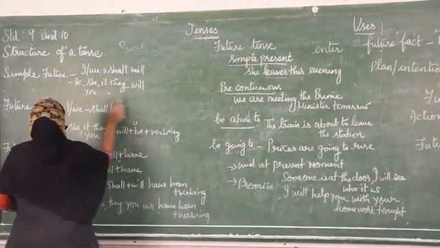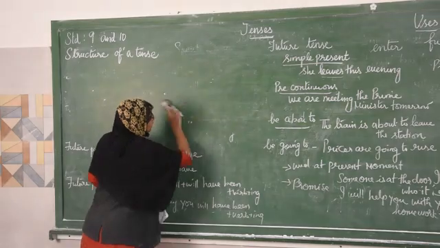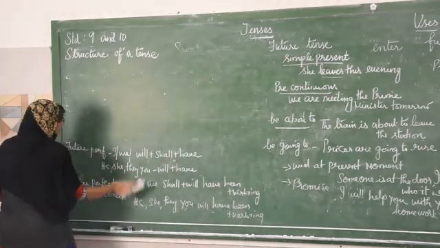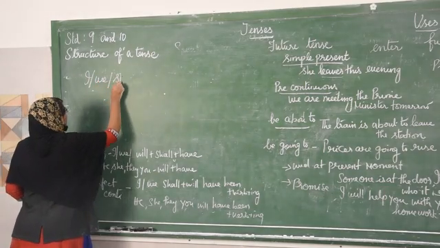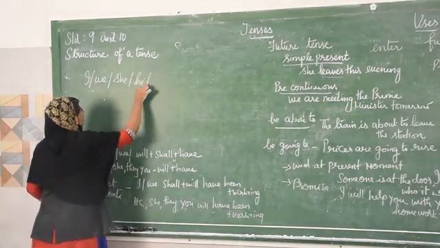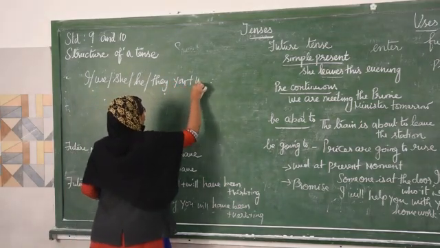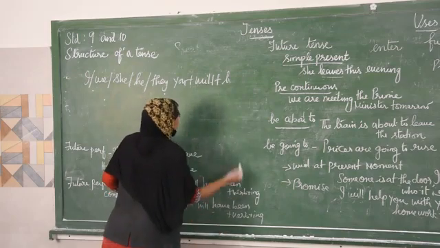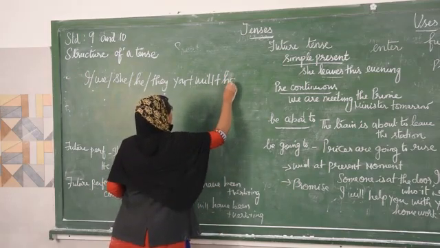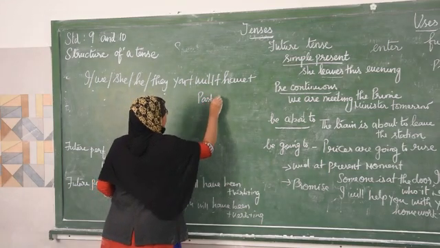Next one is future perfect tense. What is the formation of future perfect tense? Future perfect tense: I, we, she or he, they, you, plus will plus have. You should not use had here. Have plus past participle.